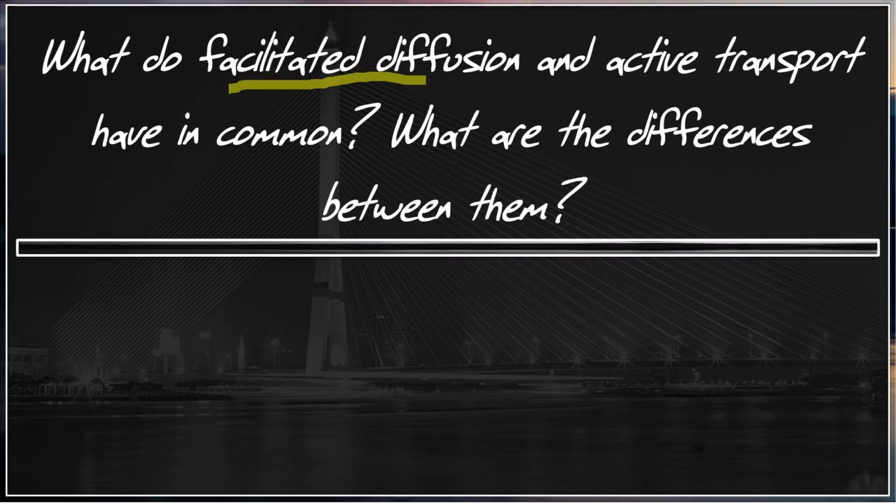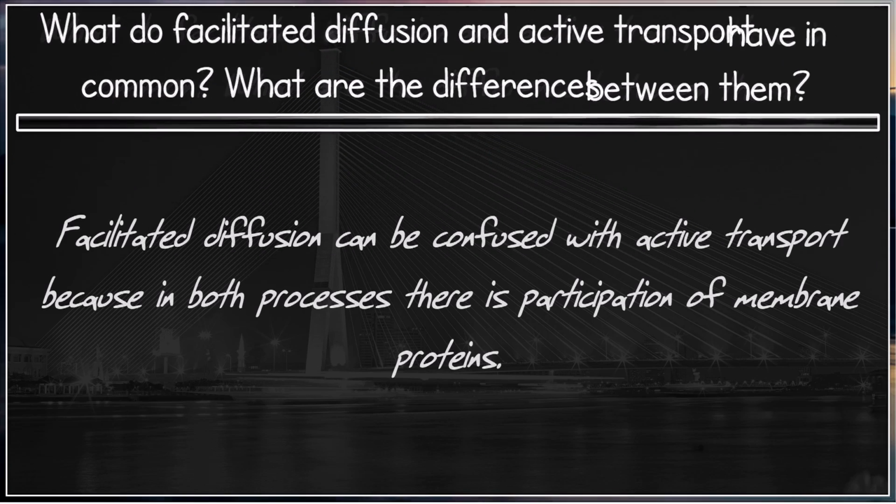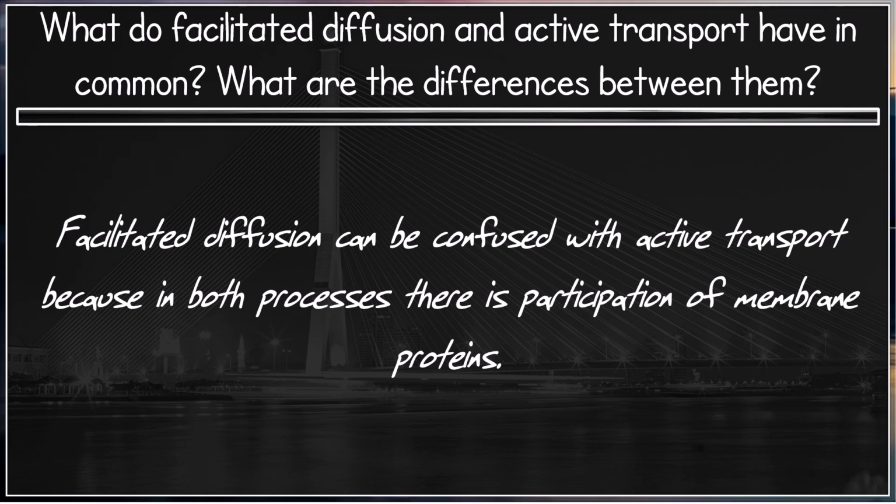What do facilitated diffusion and active transport have in common? What are the differences between them? Facilitated diffusion can be confused with active transport because in both processes there is participation of membrane proteins.